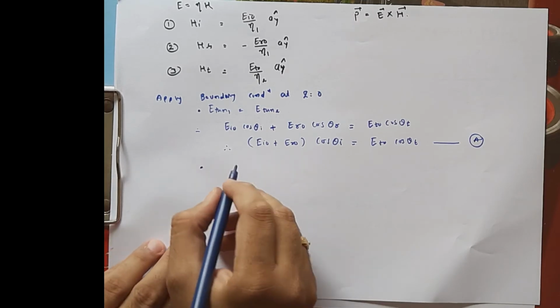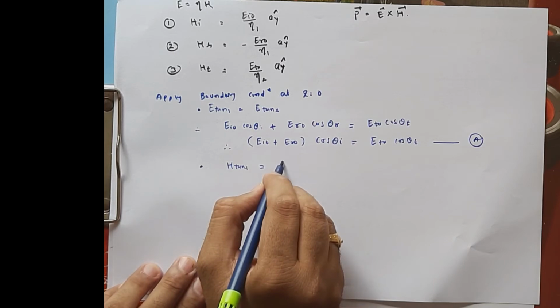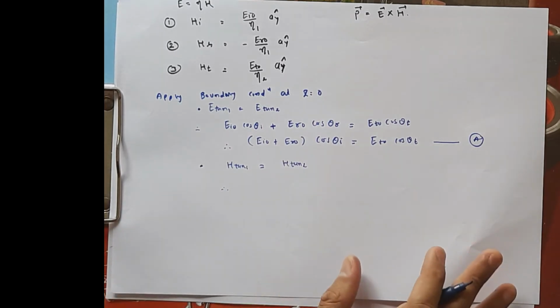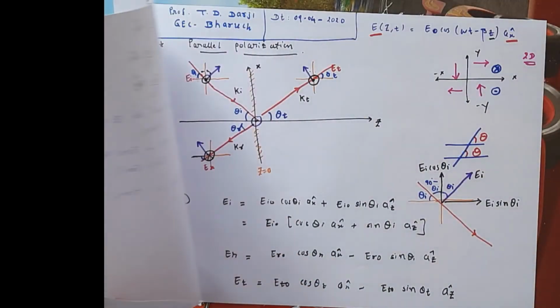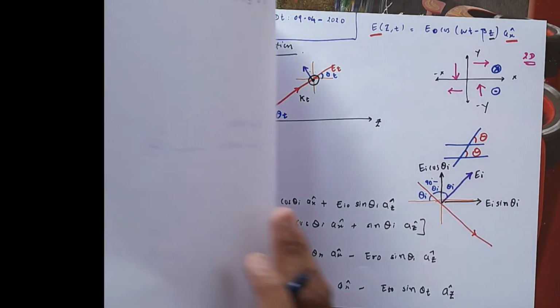Similarly, the boundary condition for magnetic field is the same: H tangential 1 component is equal to H tangential 2 component. Which tangential component is present here?